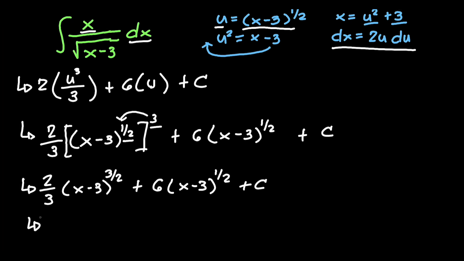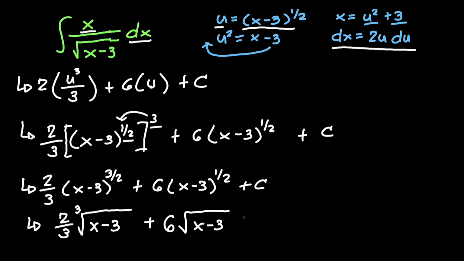We can now simplify this even further by putting it in a radical form. So the final answer here would be 2/3 the cube root of x minus 3 plus 6 multiplied by the square root of x minus 3 plus the constant of integration.